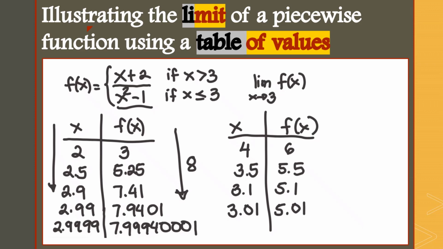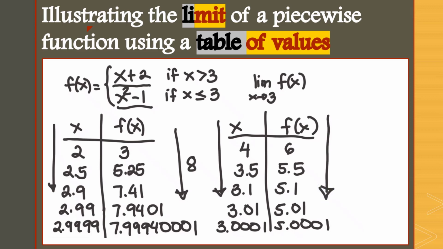If you're going to try 3.0001, the value of the function as this gets closer to 3, this is still greater than 3, so we'll be using x plus 2, and you have 5.0001. Now as we get closer to 3 from the right, the trend of our f of x is getting closer to 5. This is the other side, the right side.